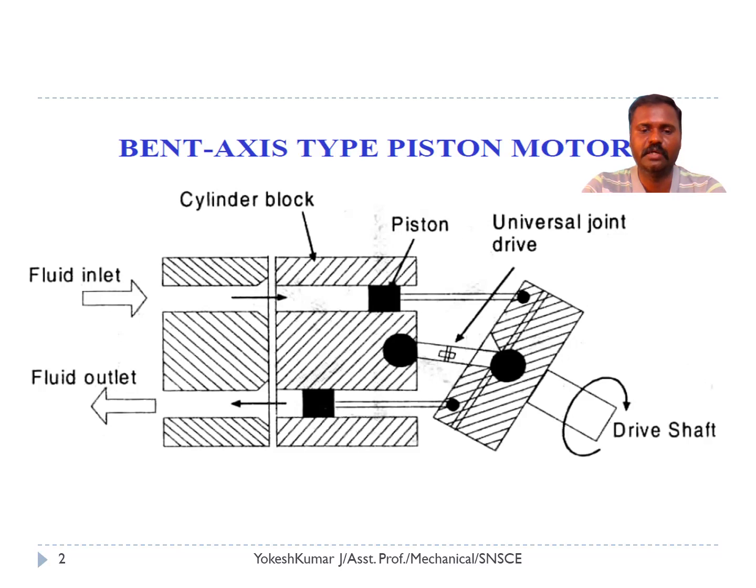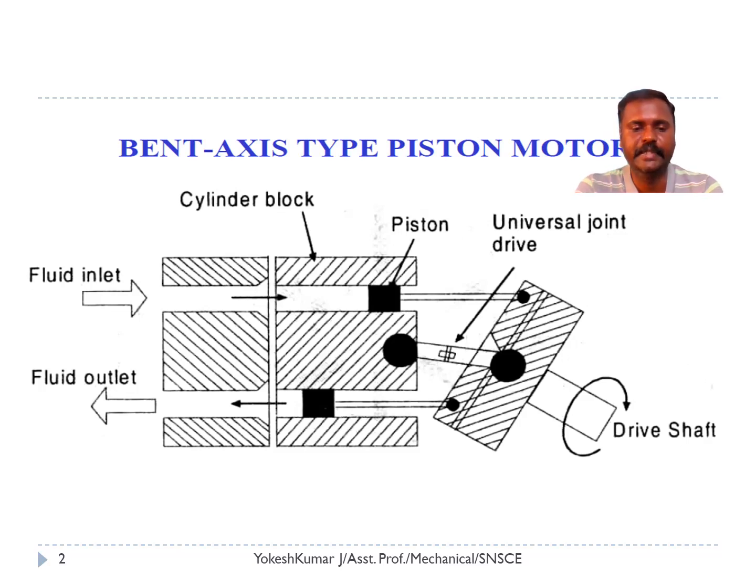The oil which is already accumulated is forced to the fluid outlet in the chamber in the stationary cylinder block. Since we have connected the fluid outlet to the direction control valve, the fluid is directed through the direction control valve, and further it is bypassed to the reservoir by suitable alignments. So this is how the bent axis type of motor runs.